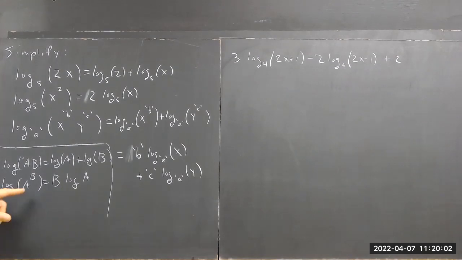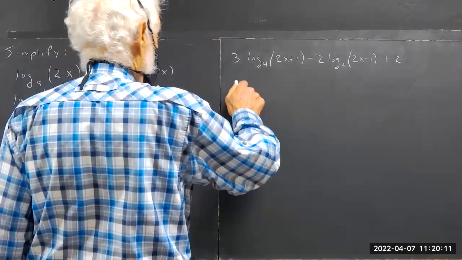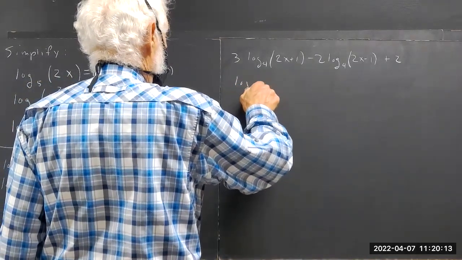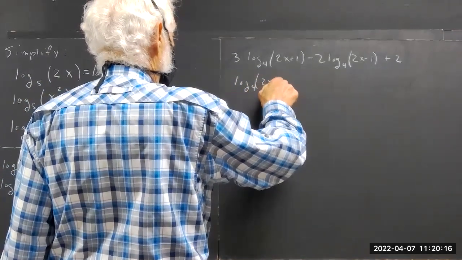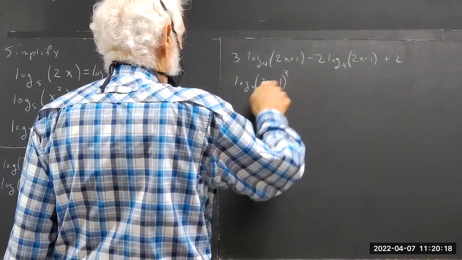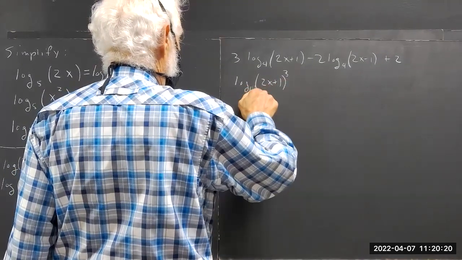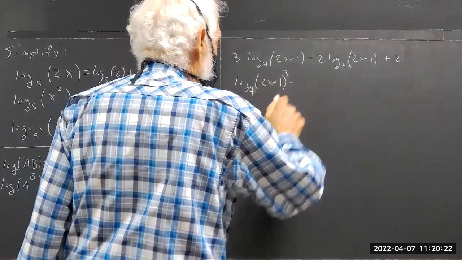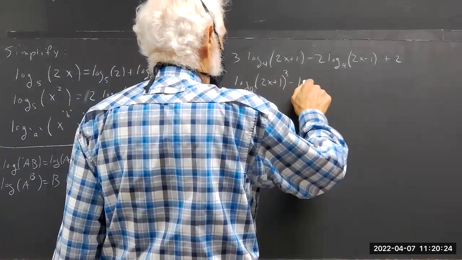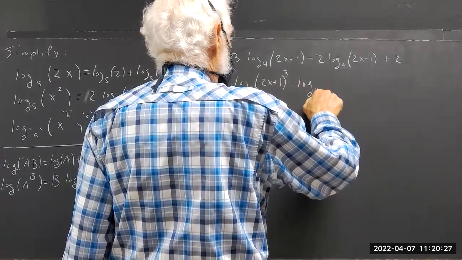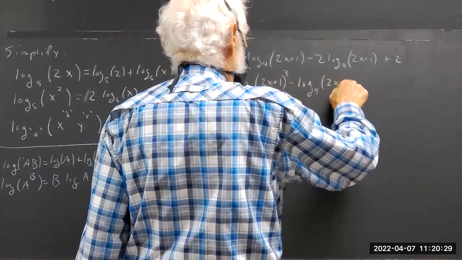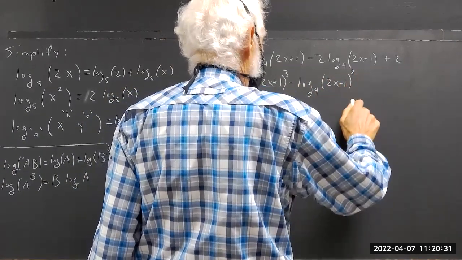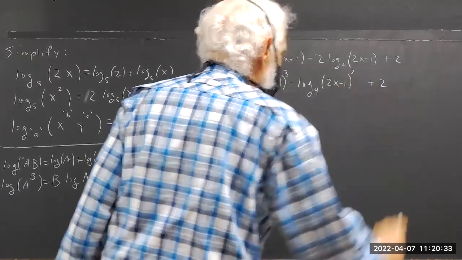We can write that as log of whatever's inside raised to that power, right? So just going backwards in the order that we saw here, this has got to be then log base 4 of 2x plus 1 raised to the third power. And then this is minus log base 4 of 2x minus 1 raised to the second power, and then plus 2.